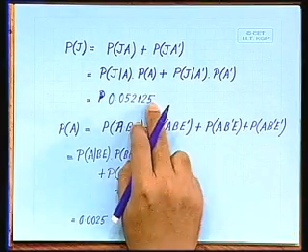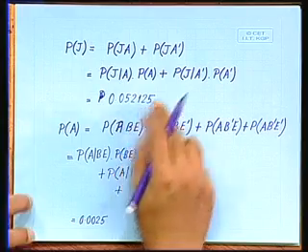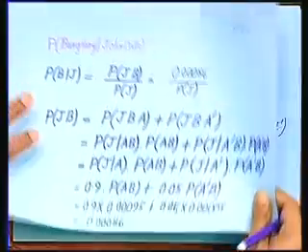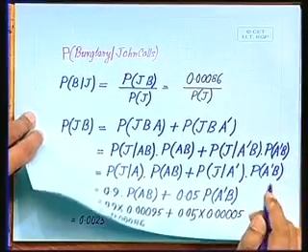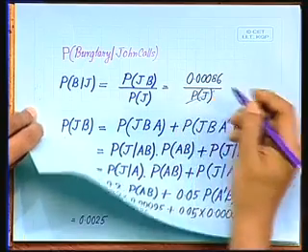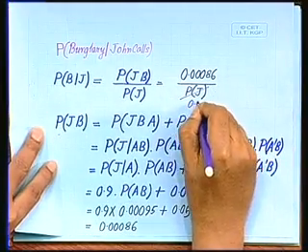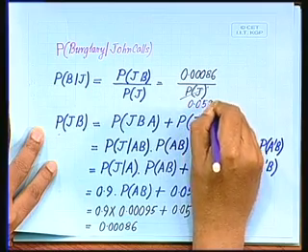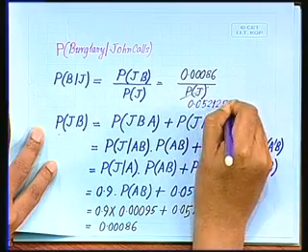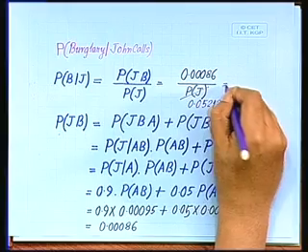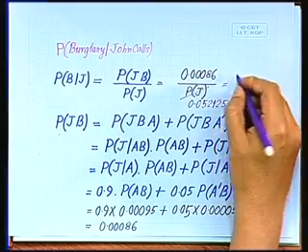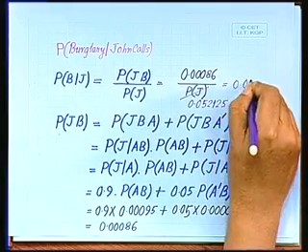Once we have this value, we go back to our original expression, and instead of P(J) we now use 0.052125, and this gives us 0.016.